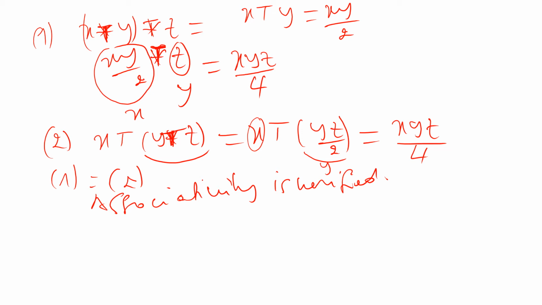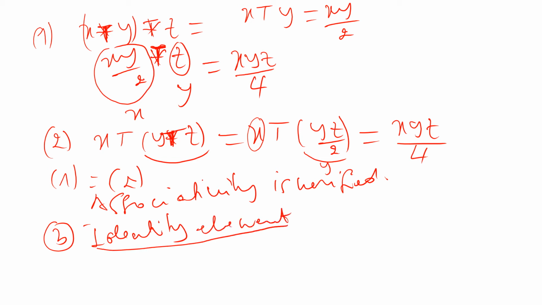Property number 3 is identity element. Does an identity element exist? Now, identity element e. Here we need to check for any element x of R star.